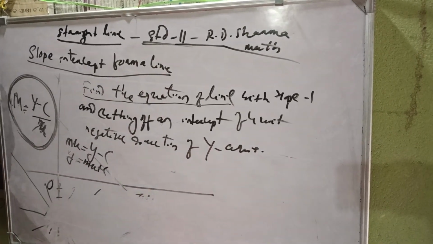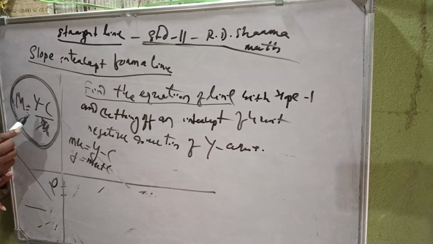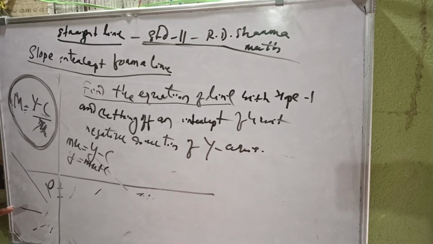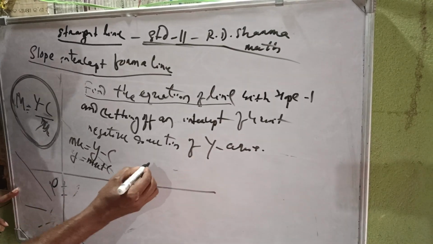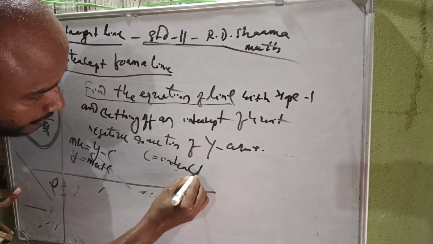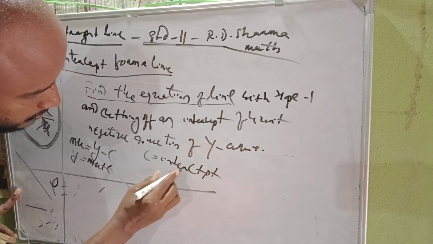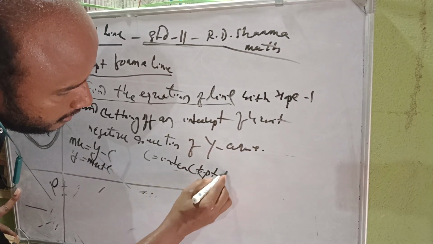What is given? C is equal to the intercept point.